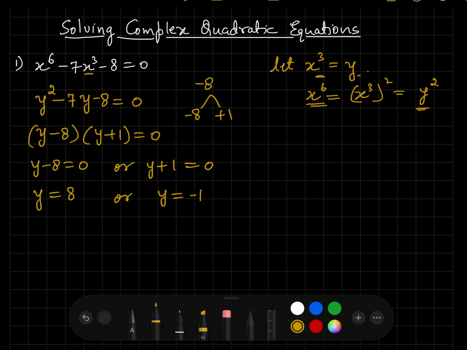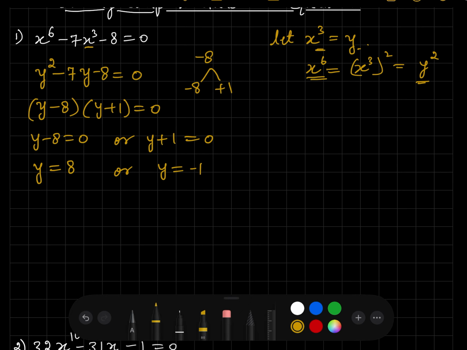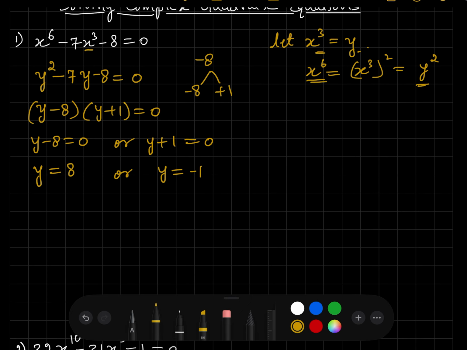Now the next task is what? The next task would be to resubstitute these values. In place of y we will be writing x cube. So therefore x cube is equal to 8 or x cube is equal to negative 1. x cube is equal to 8 means 8 can be written as 2 raised to the power 3, right?